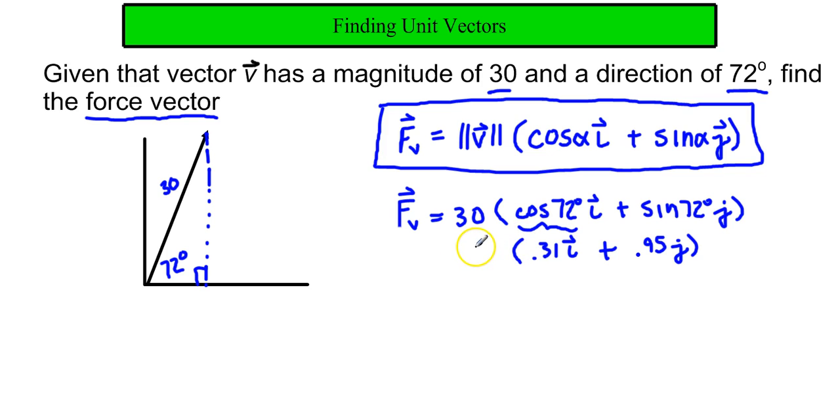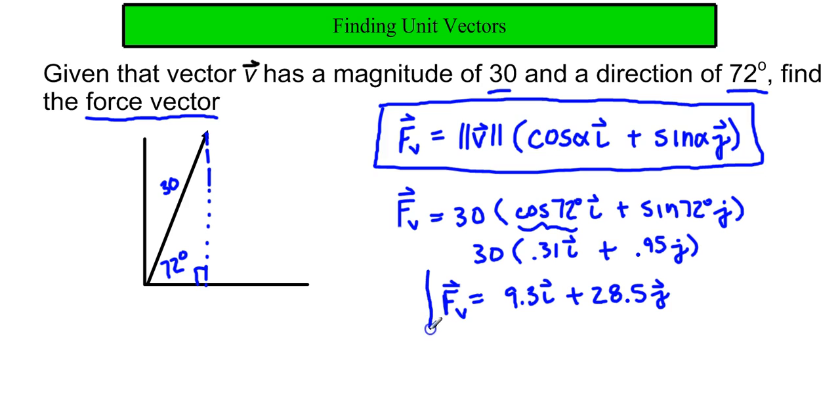And again, that's multiplied by the magnitude of your vector. So what we can do is write this as a force vector. We simplify, use that scalar multiplication. 30 times 0.31 is 9.3 times i plus 0.95 times 30 is 28.5 times j.